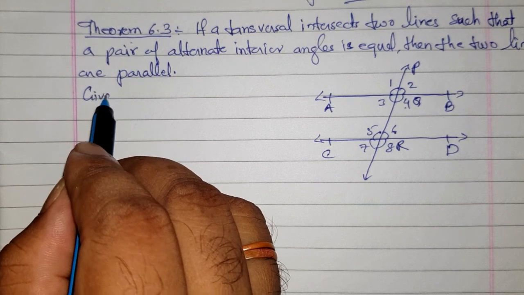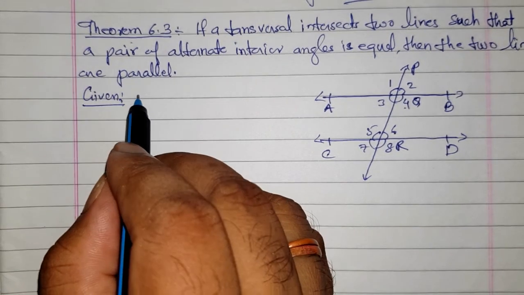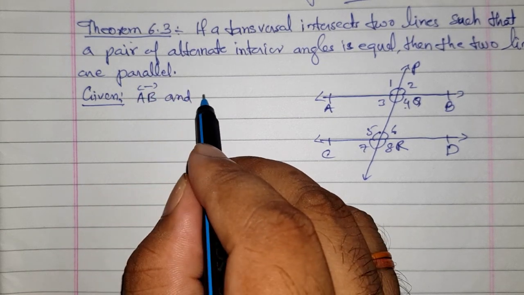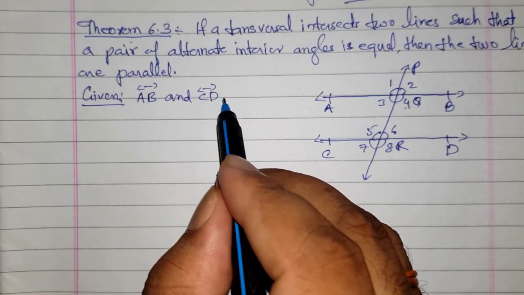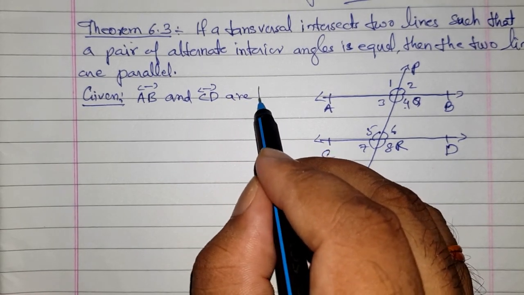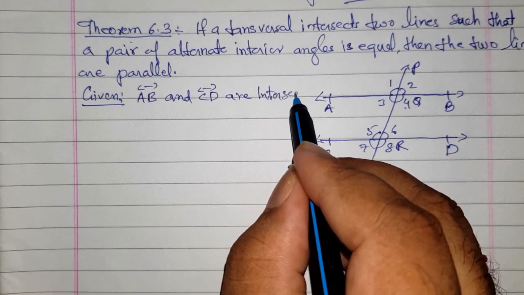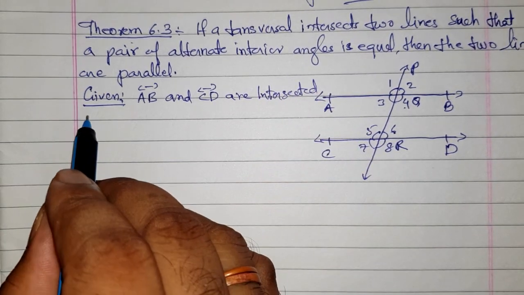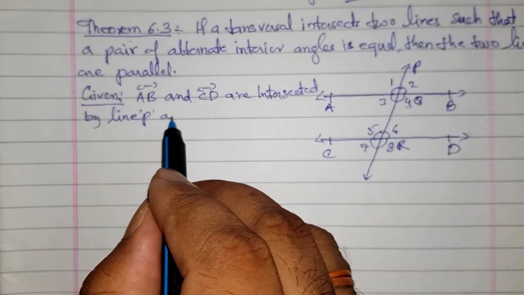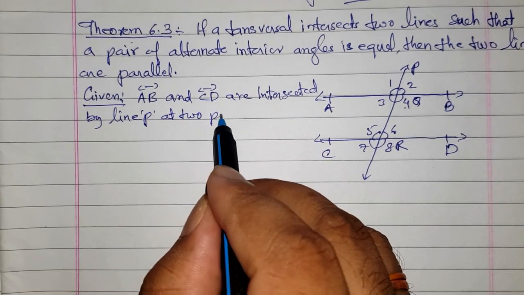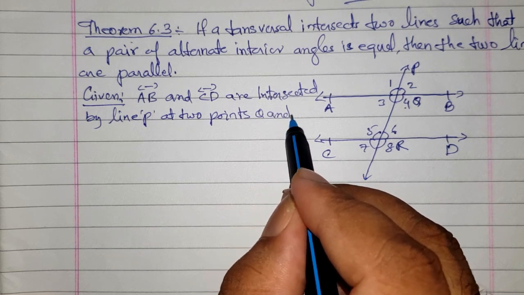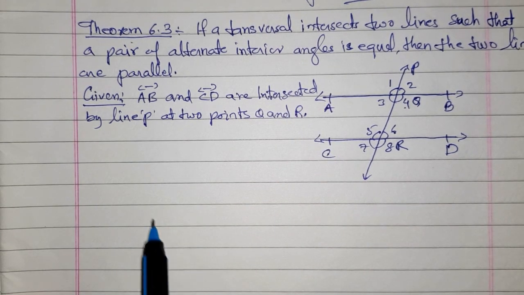So first you write what is given. Lines AB and CD are intersected by line P at two points Q and R. That is given to you.